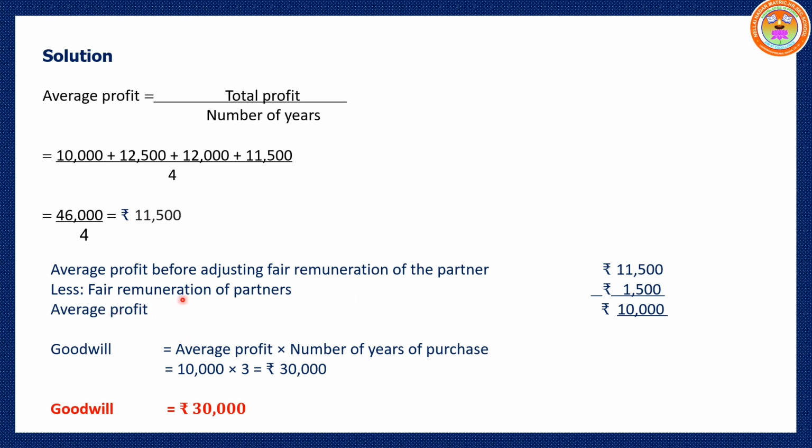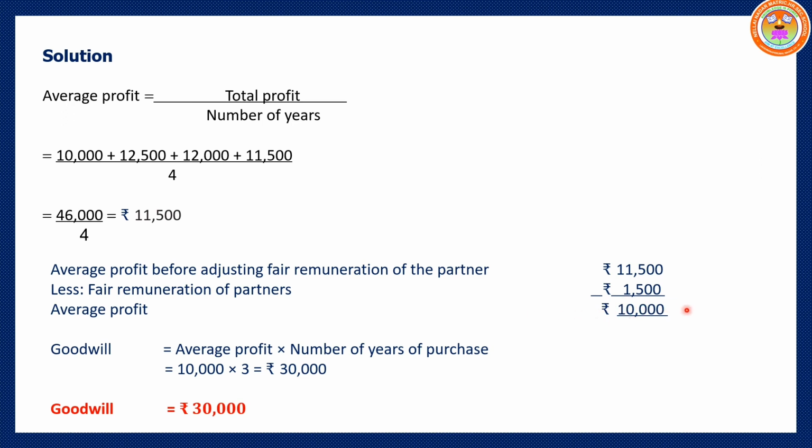So less fair remuneration of partners. If you want to get the actual profit, deduct additional expenses expected to be paid in the future. According to this norm, we are deducting this fair remuneration of the partner from the average profit. So 11,500 minus fair remuneration 1,500, and we get actual average profit 10,000.